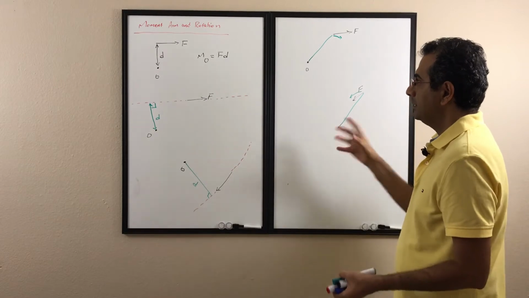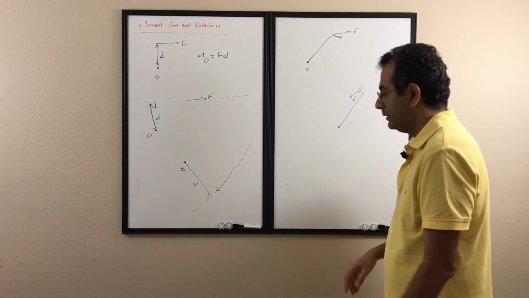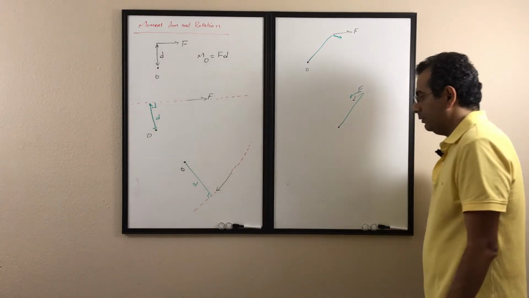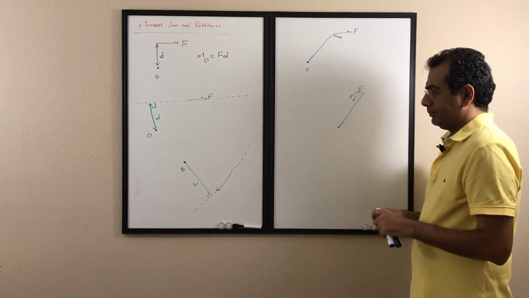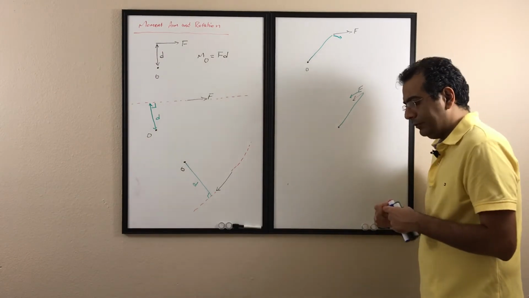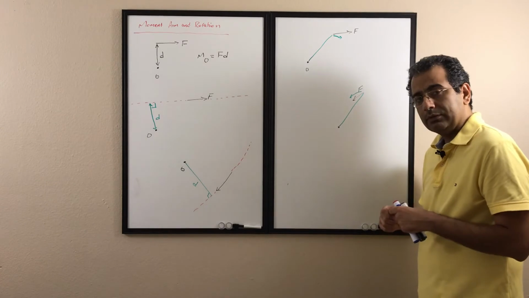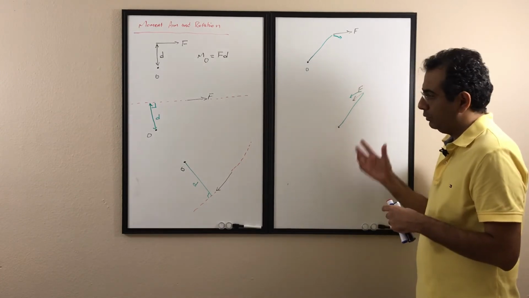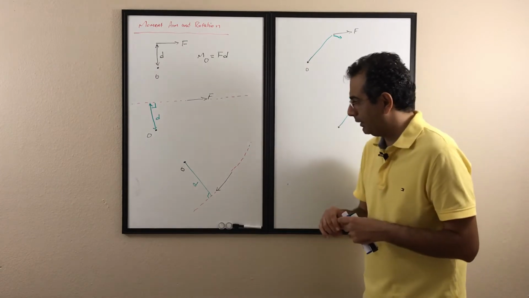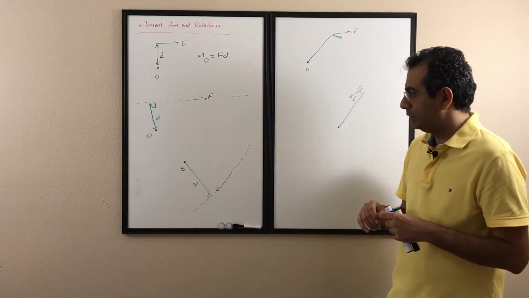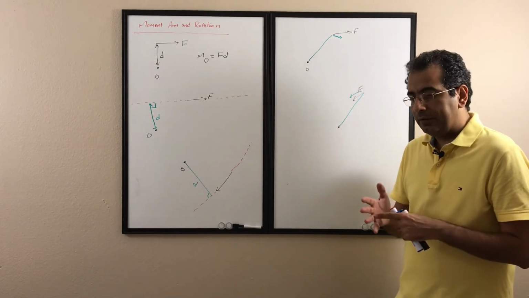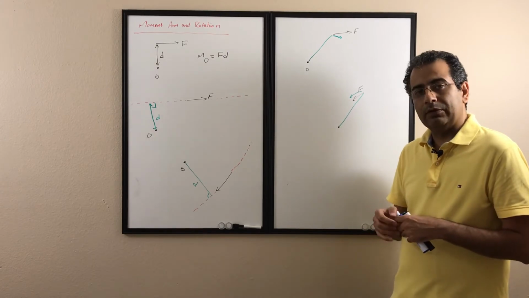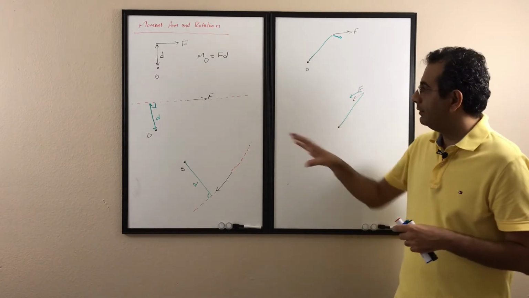So I'm going to put some simple examples and show how we can do this calculation. Before that, if you're doing the 2D calculation, the very first thing I suggest you do before any calculation is find the components of the force along the x and y directions, and then start.